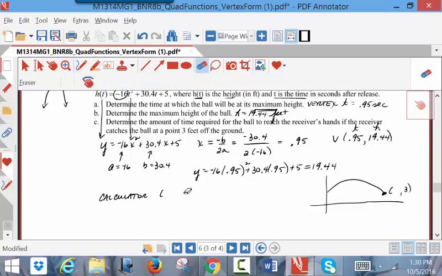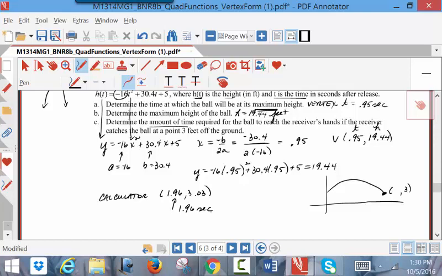The point we came up with was 1.96, and this was 3.03, which is close enough. Part C: determine the amount of time required for the ball to reach the receiver's hand if the receiver catches the ball 3 feet above the ground. What is the time? 1.96 seconds.